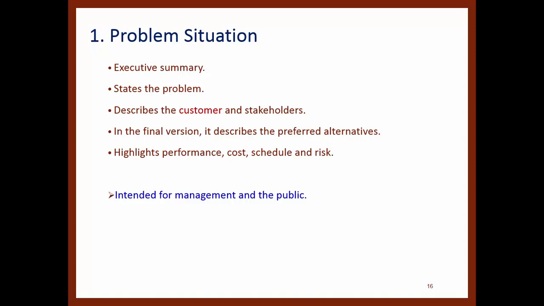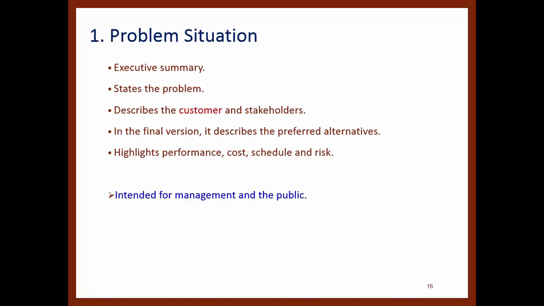In the final version, it describes the preferred alternative. So it's an executive summary not only describing the problem and the stakeholders, but now that you have gone through the process of developing something to solve this problem, what was the recommended alternative for you? You have to describe that alternative also as part of this executive summary.